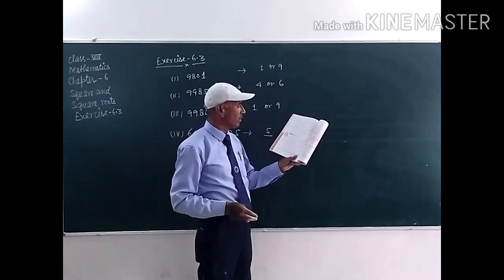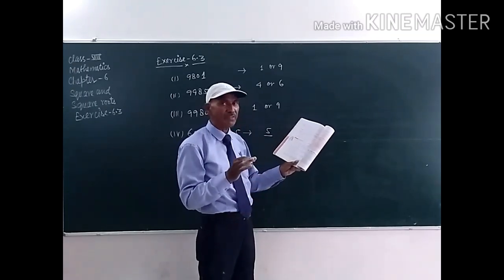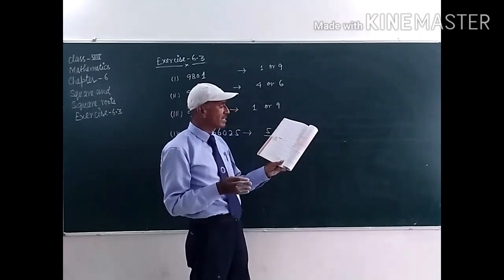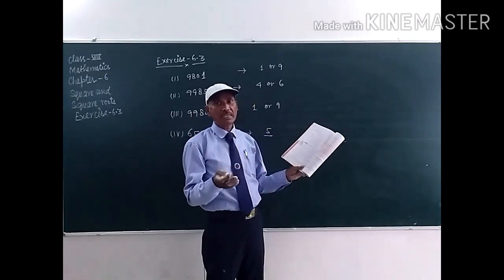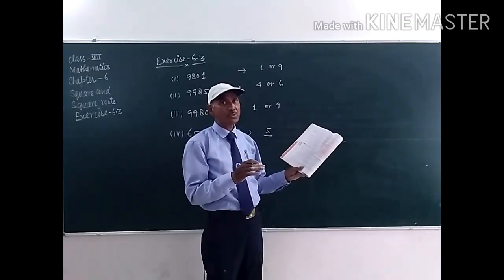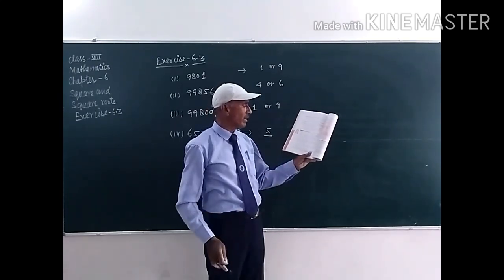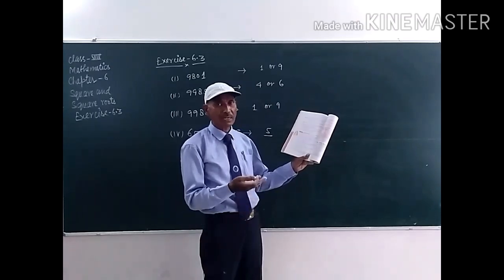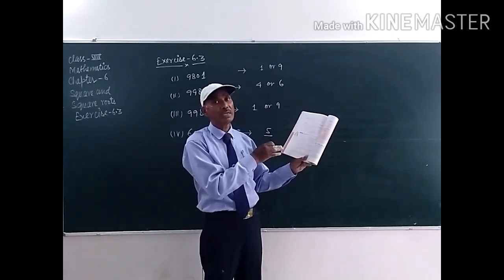Now question number second. Without doing any calculation, find the numbers which are surely not perfect squares. So students, numbers ending with 2, 3, 7 and 8 are not perfect square numbers. First number is 153, so it is not a perfect square number because the unit digit of this number is 3.